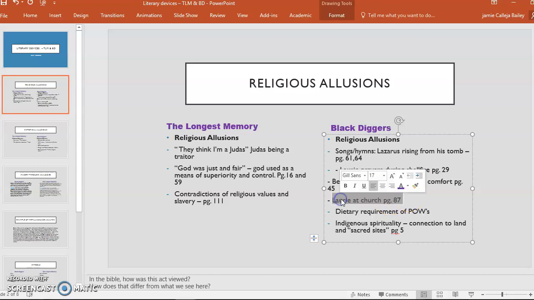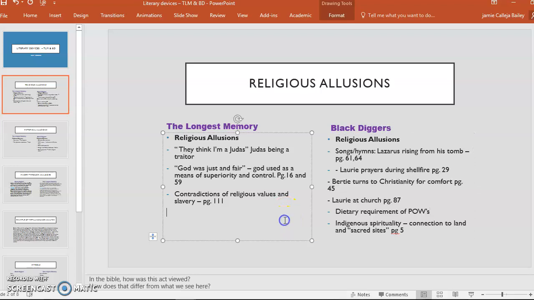We've spoken about Laurie at church, but also we see this idea of dietary requirements for POWs. So the Indigenous soldiers acknowledge other faiths and try to help them. When they're in a prisoner of war camp, they ask, can you not serve pork to the Muslim people? And we've spoken about Indigenous spirituality.